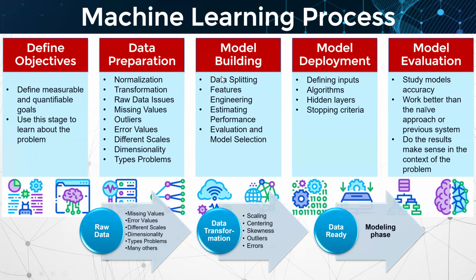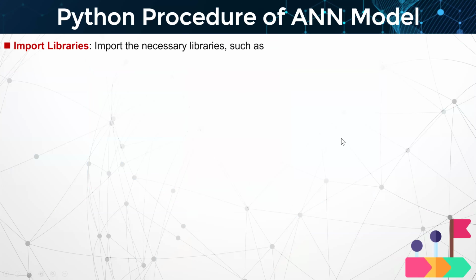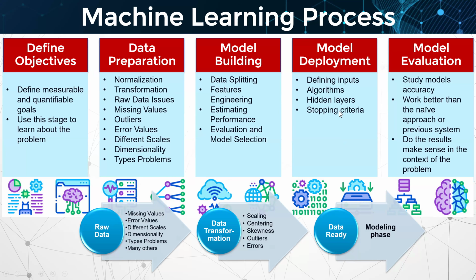Data splitting into three categories: for training, for validation, and for testing. Then model deployment to assign the training algorithm and the stopping criteria, and finally evaluation of your model based on the convergence error.